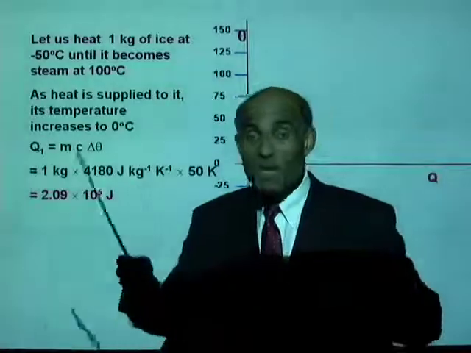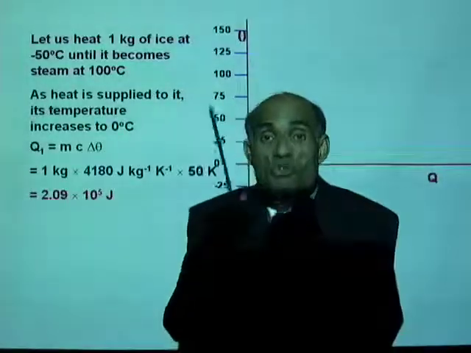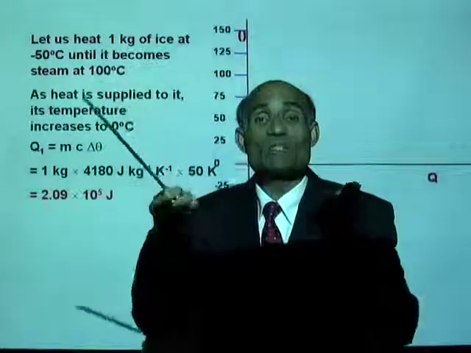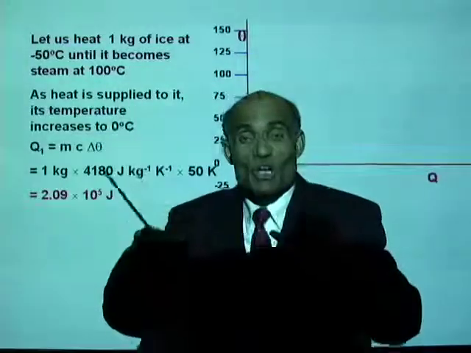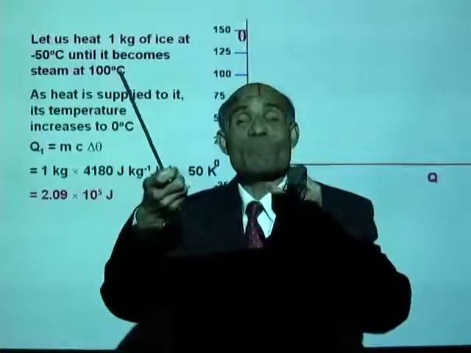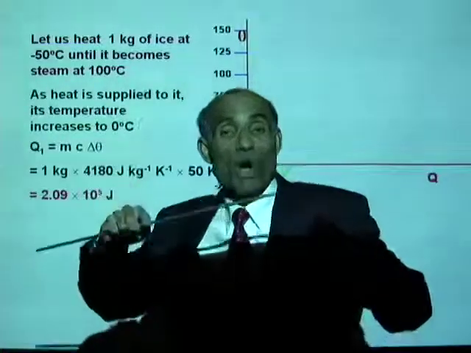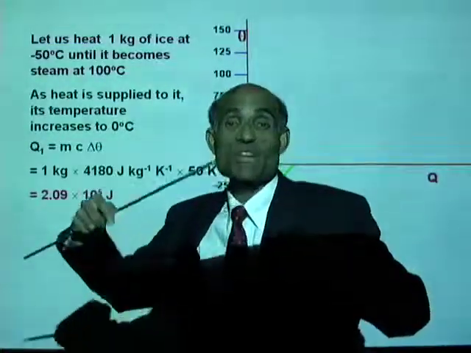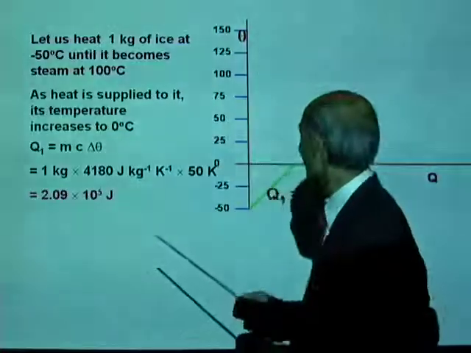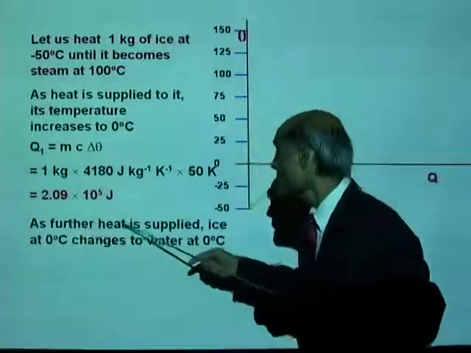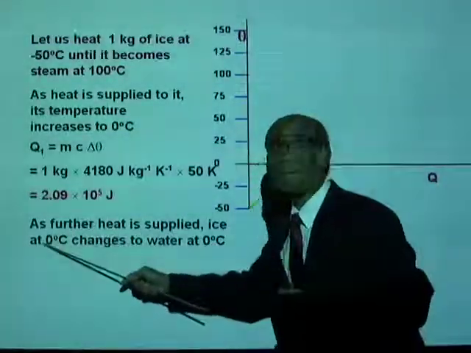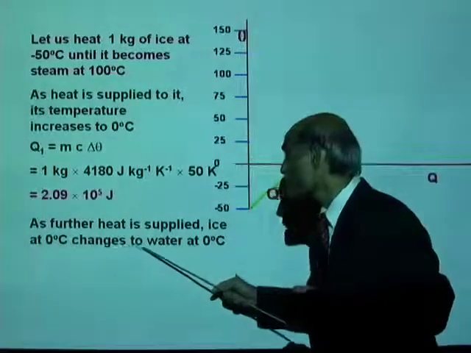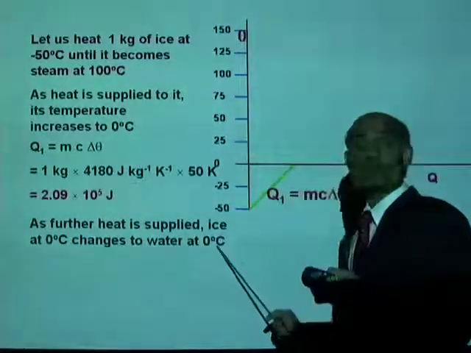Well, now the amount of heat supplied is used to overcome the intermolecular forces of attraction. The potential energy of the molecules is increasing. The ice is now changing state.